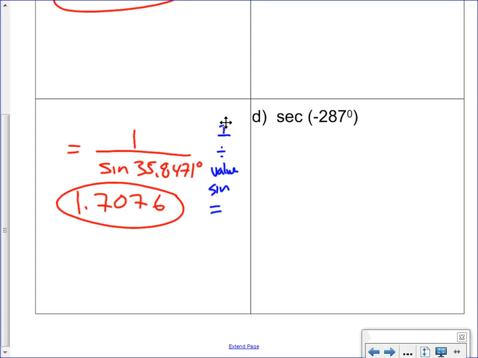So 1 divided by the value, sine, then hit equals to get there.